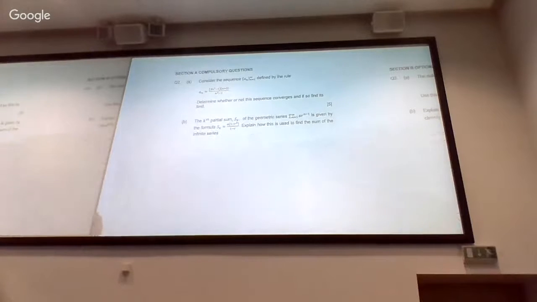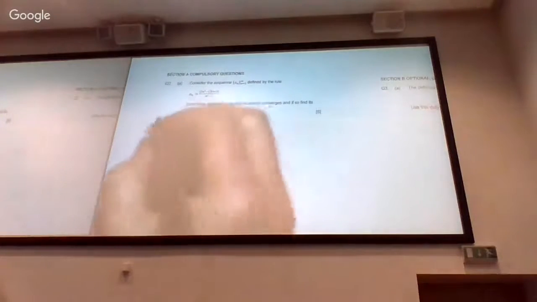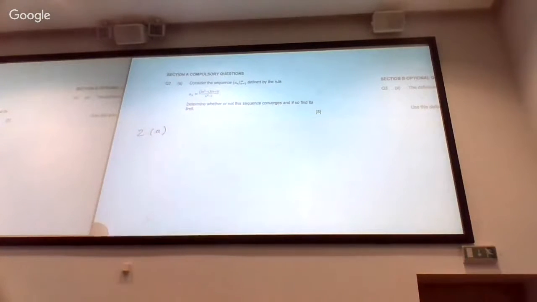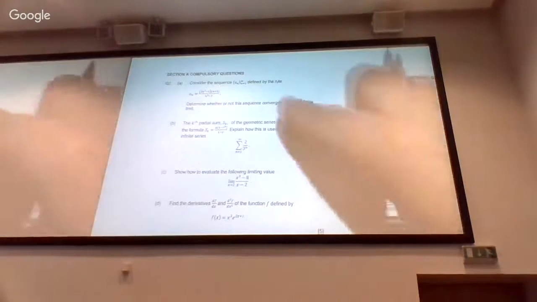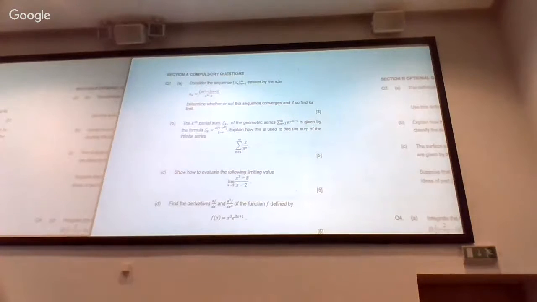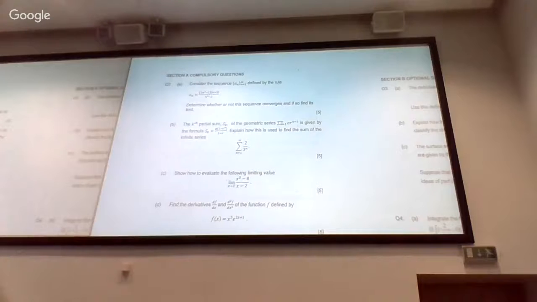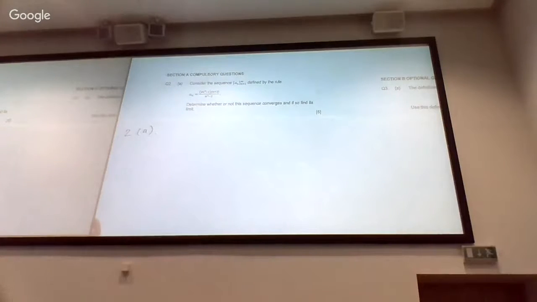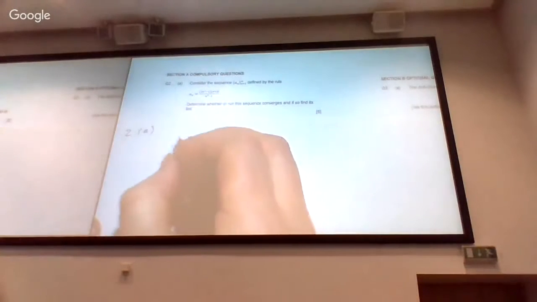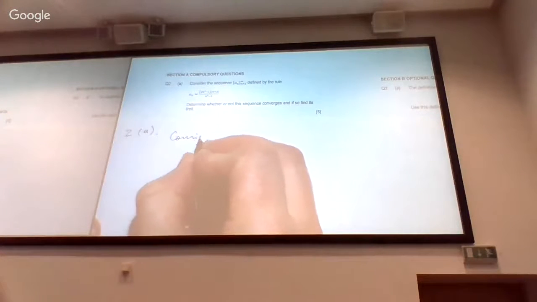Okay, so let's have a look at this. In question 2a, there's a number of small questions. Question 2 on my half of the course. In question 2a, you're given a definition of a sequence.